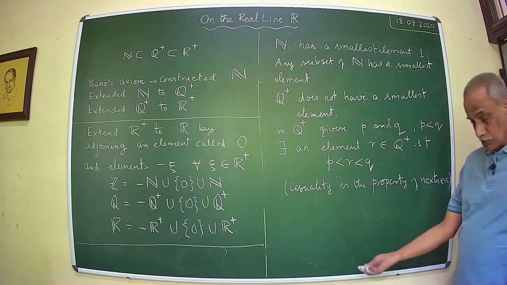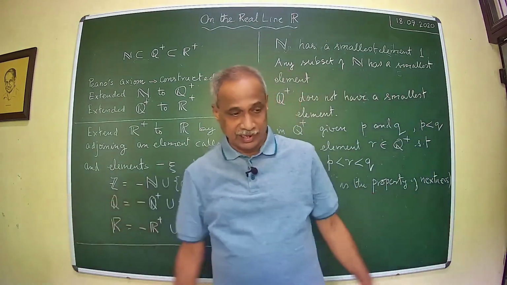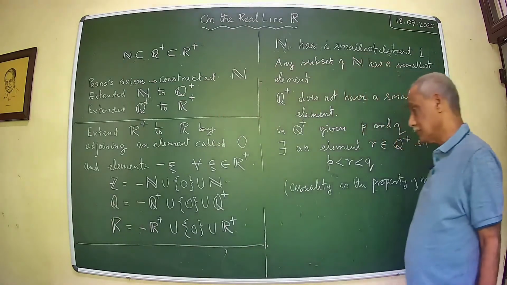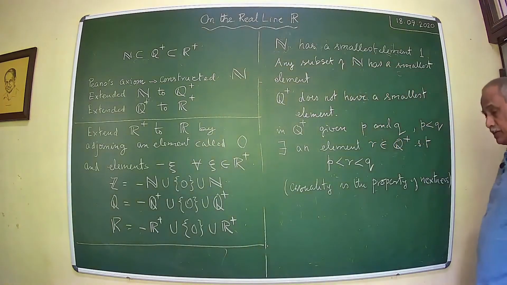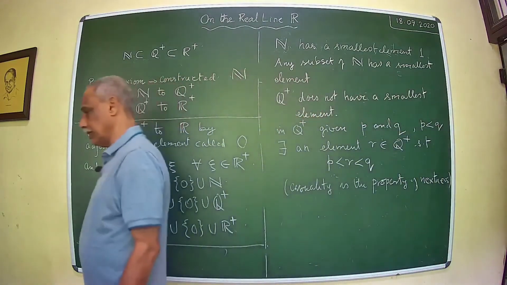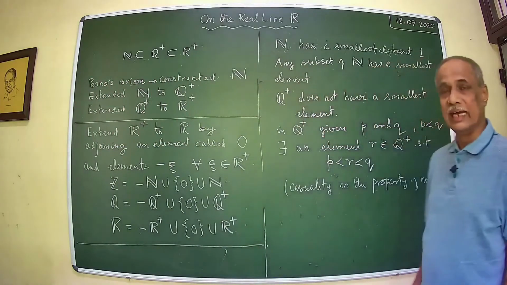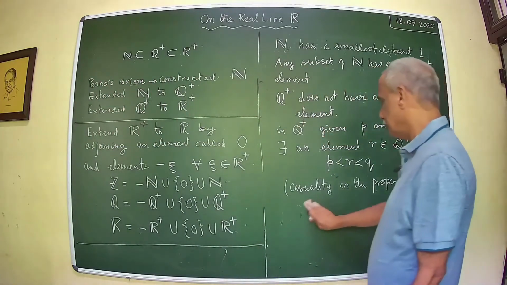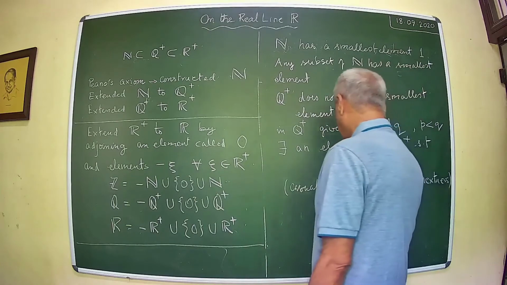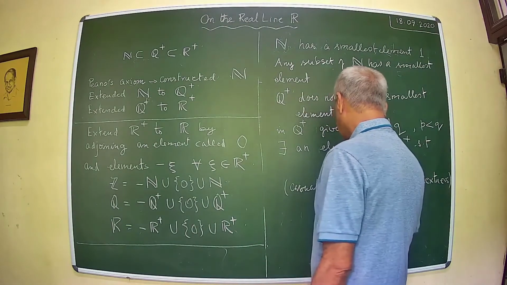And then, of course, we hope that everything can be put on a line, etc., etc. And then we were rather dismayed or delighted, I don't know what to say, to see that there are numbers like square root of 2.